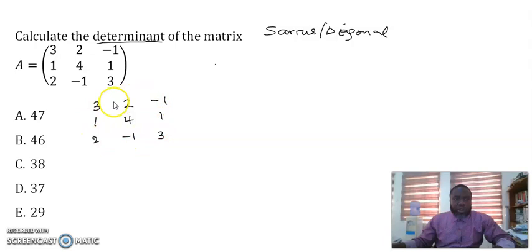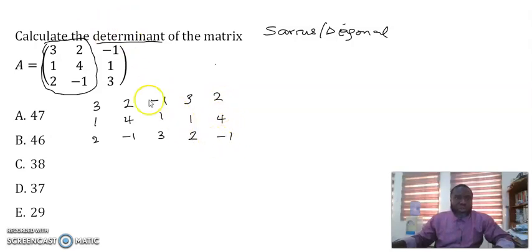Now these are the elements of the matrix A. So we are going to repeat the elements in the first two columns. That is, we have 3, 1, 2 again, then 2, 4, and minus 1.